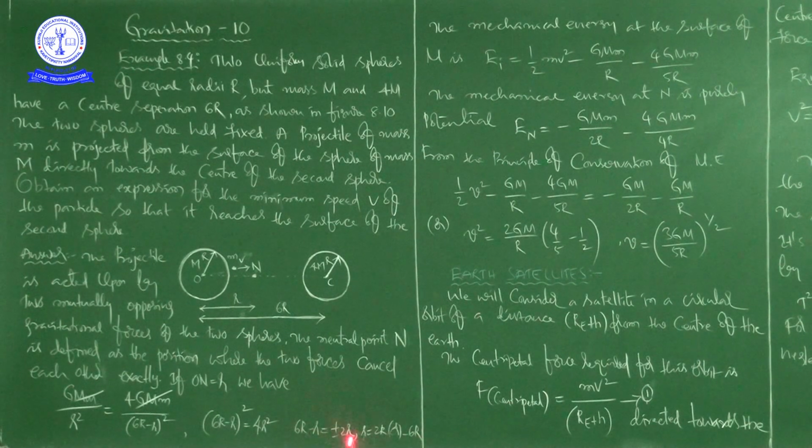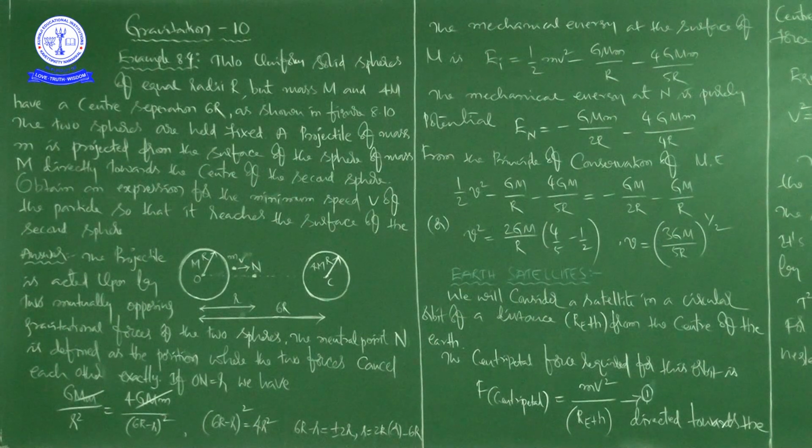Here, the neutral point r equal to minus 6R does not concern us in this example.